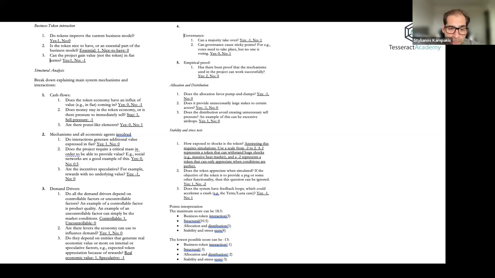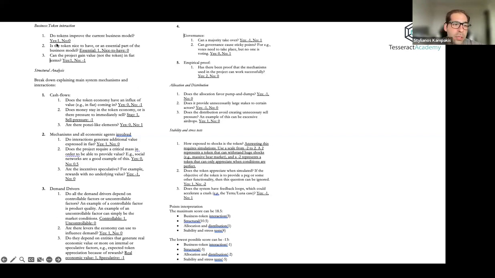So this is the questionnaire. You can find the full version of it in the article published by the Journal of the British Blockchain Association. But I'll quickly go through it because we have a little bit of time left in this presentation. What you see here are the different categories which I outlined earlier.